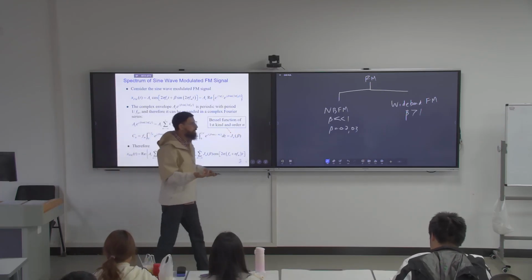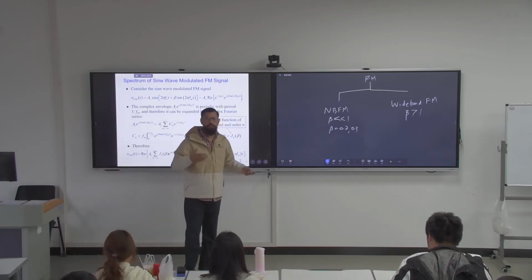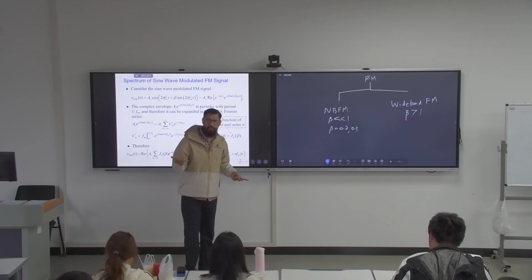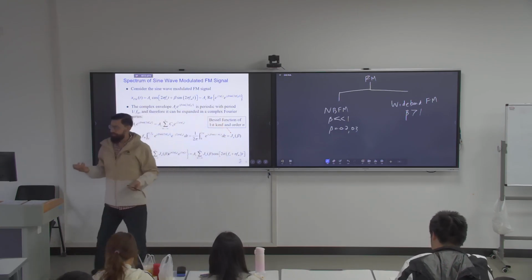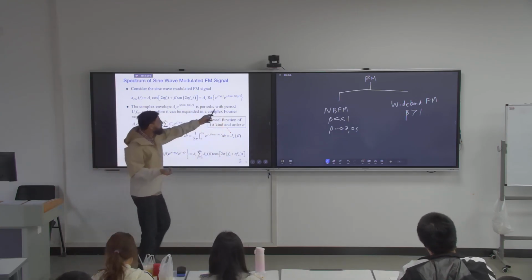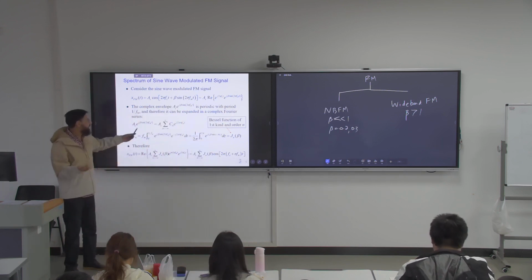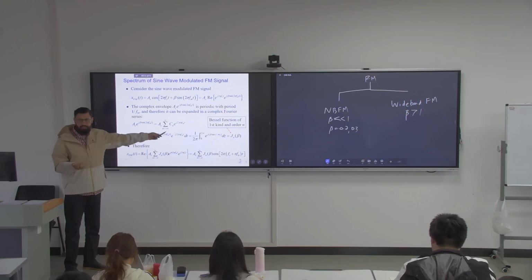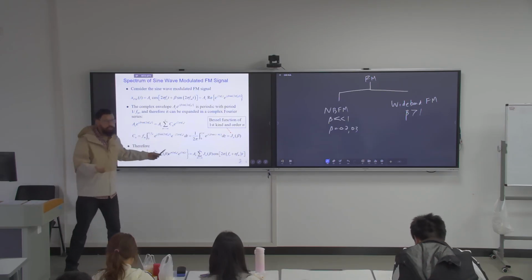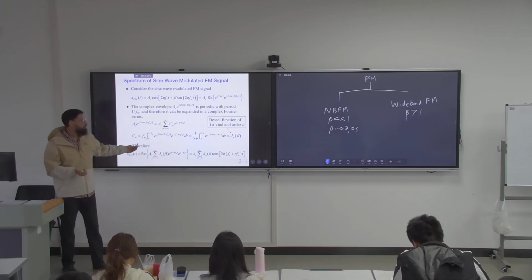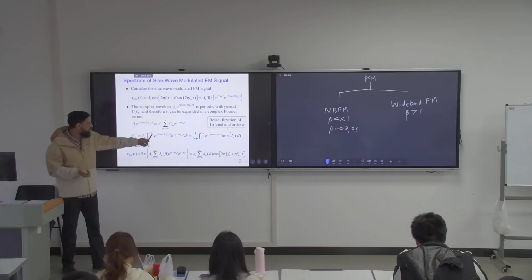If the signal is periodic, I can represent it as a Fourier series; if it's not periodic, then that's the Fourier transform. The Fourier series general formula is this. What is C? C is the complex coefficient of this signal.